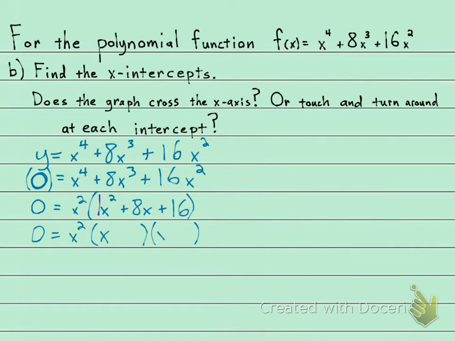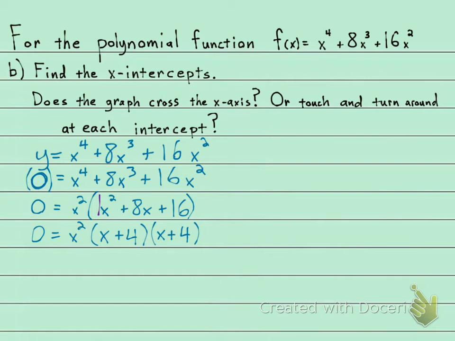I'm going to have x and x, and two numbers that multiply to give me 16 and add to give me 8, positive 8, and that's going to be 4 and 4. Both of my signs are the same, and the plus sign here tells me both signs are positive. If you're not very familiar or comfortable with doing that, you should go and look up some videos on factoring trinomials with a leading coefficient of 1.